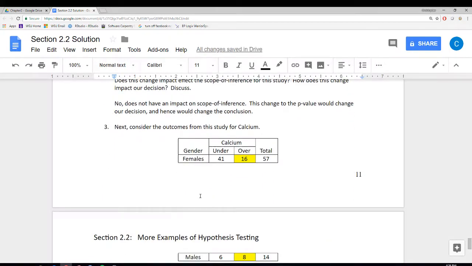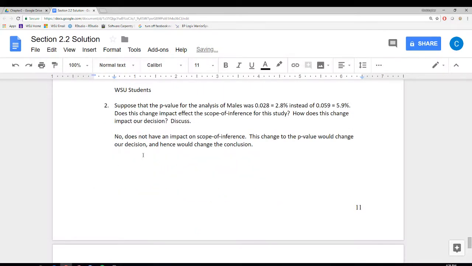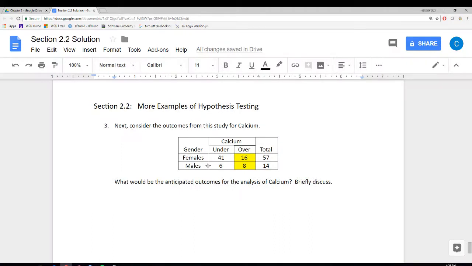How about the last question here? Let's consider the outcomes from this study for calcium instead of vitamin A. So here I'm looking at the calcium outcomes. Let's go ahead and move this on the next page so we can see it. There were still 57 females and 14 males. Okay, so those numbers didn't change.